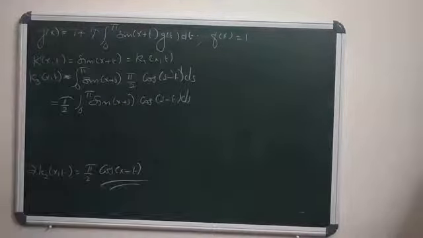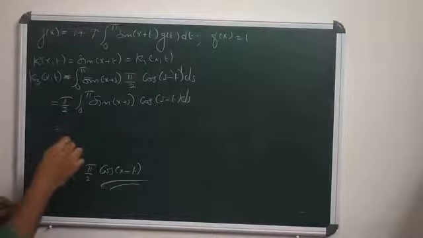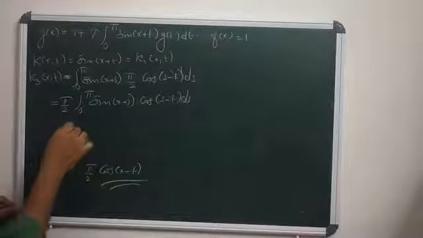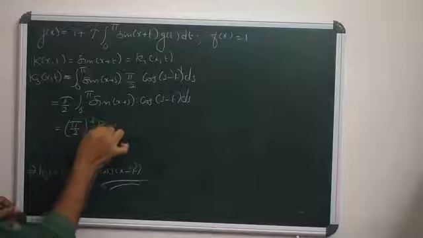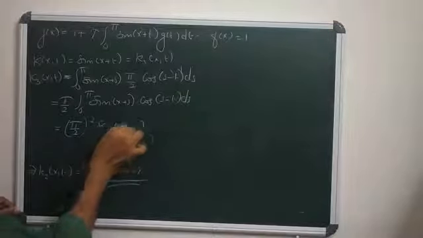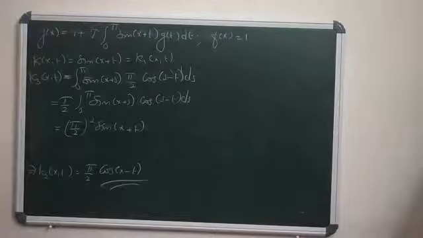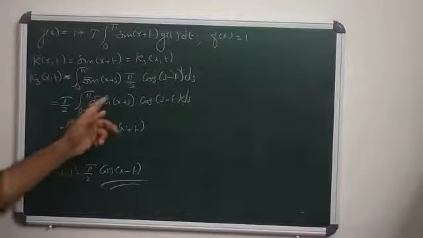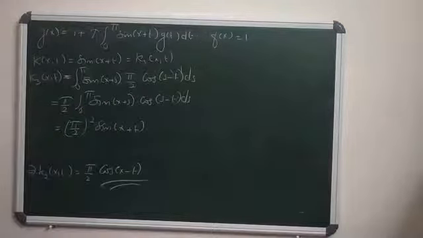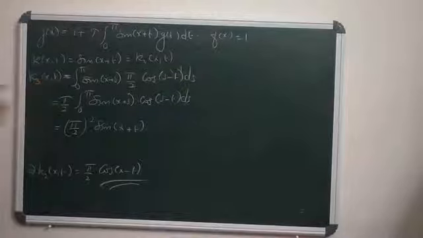It is of the form sin a cos b, and you can integrate it using trigonometric identities. After integration we get k3(x,t) equals (pi by 2) squared times sin(x plus t).